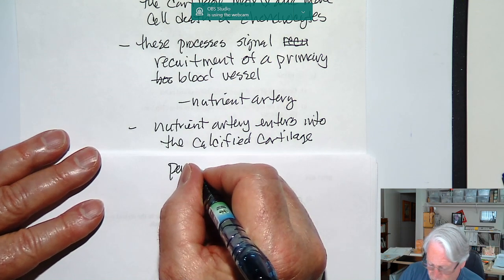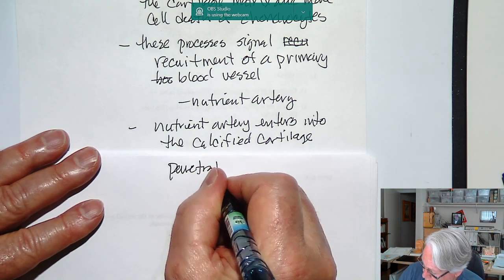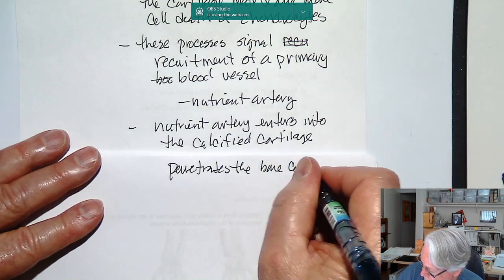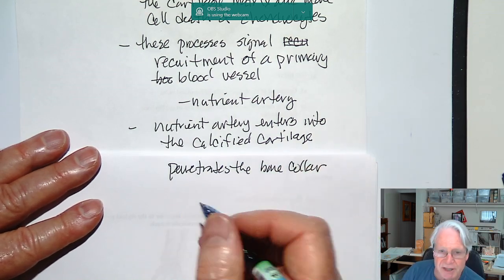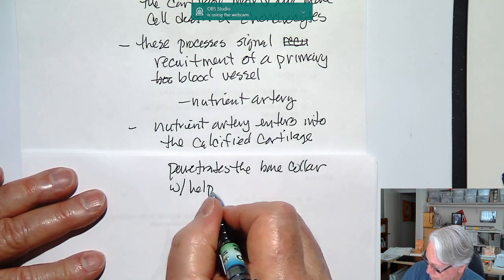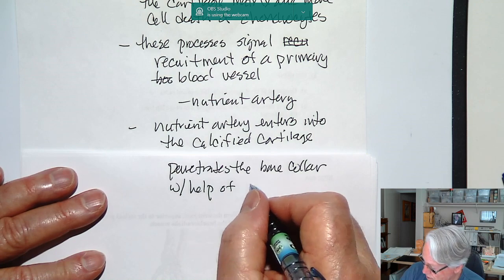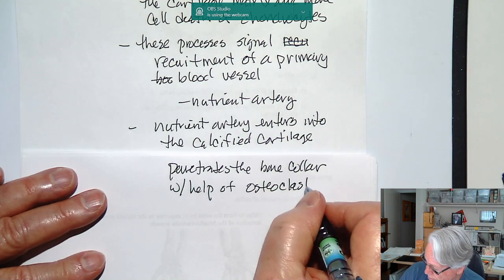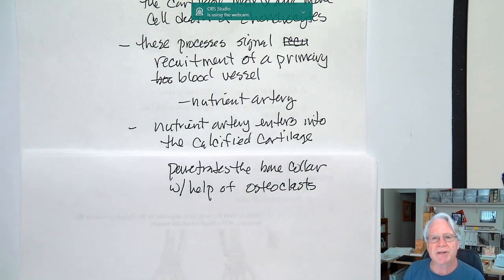It penetrates the bone collar, and grows into that space with the help of osteoclasts. Where did the osteoclasts come from, you may ask? They are coming from the blood that is being carried in this artery.